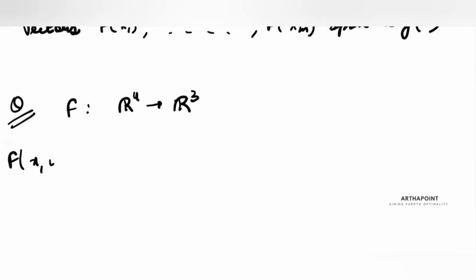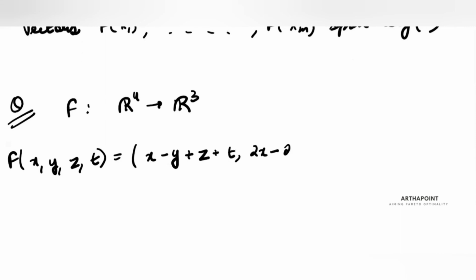F of x, y, z, t is x minus y plus z plus t, 2x minus 2y plus 3z plus 4t, 3x minus 3y plus 4z plus 5t.